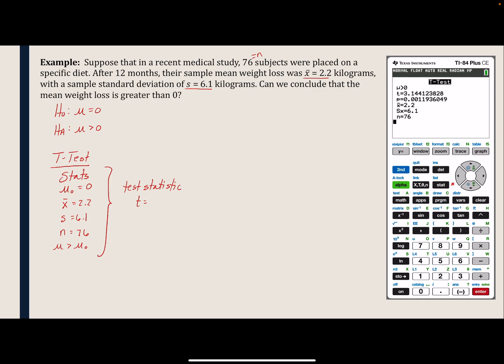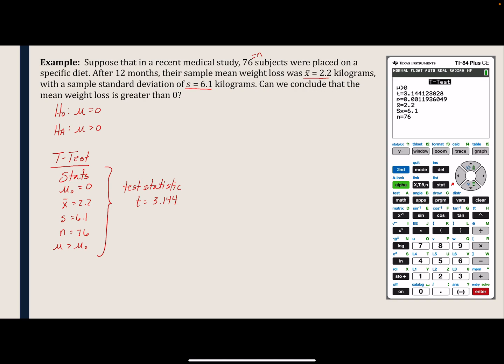And then in our output here, we have that the t-score, the test statistic, is 3.144. So that is more than 3 standard deviations away from the mean when we're looking at the sampling distribution of all samples of size 76.